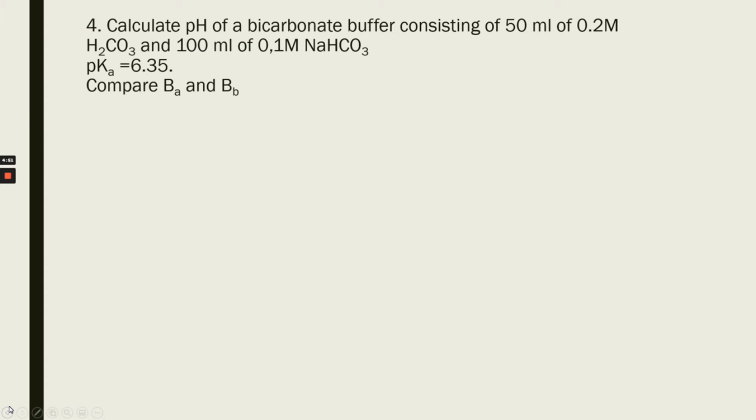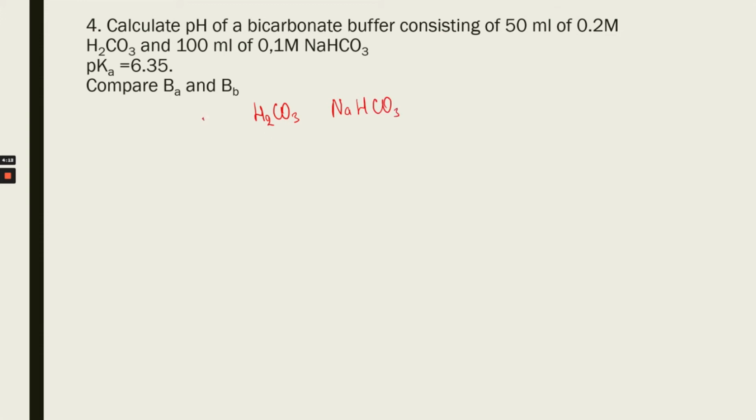Now we will solve another problem. Please write down that problem. You can stop the video. So first we start with writing the main components. On the left side we usually write the more acidic component, on the right side the less acidic component. So H2CO3 and NaHCO3.